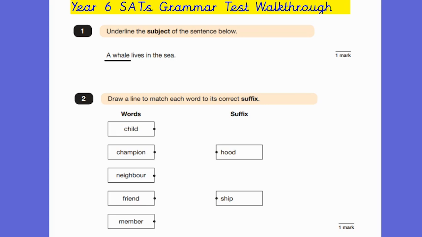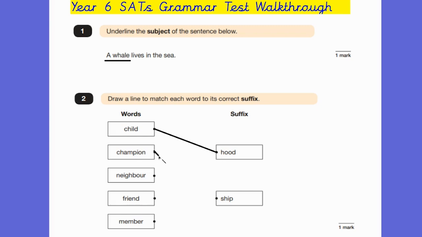Number 2, draw a line to match each word to the correct suffix. A suffix is something that's added to the end of a word to change its meaning. So I have the suffixes hood and ship. Childhood would be correct.